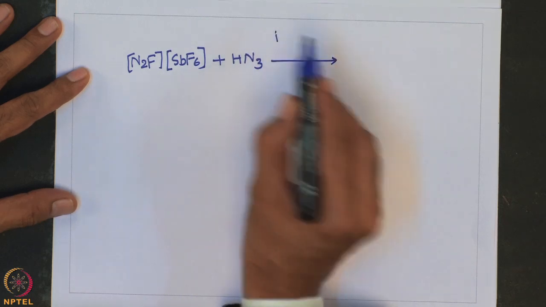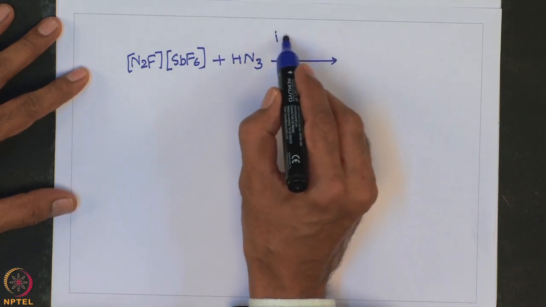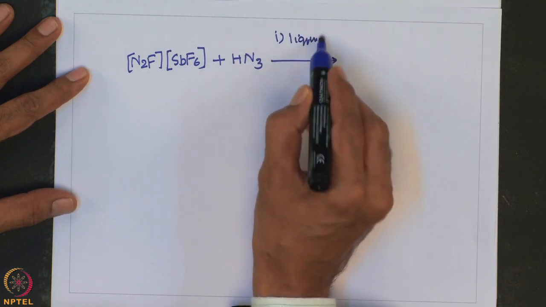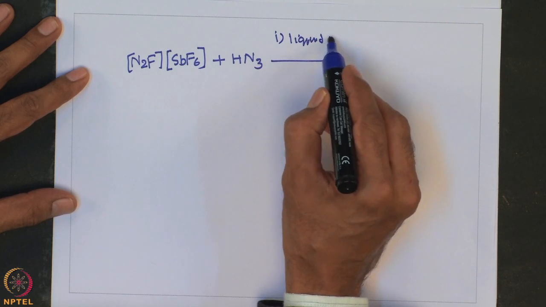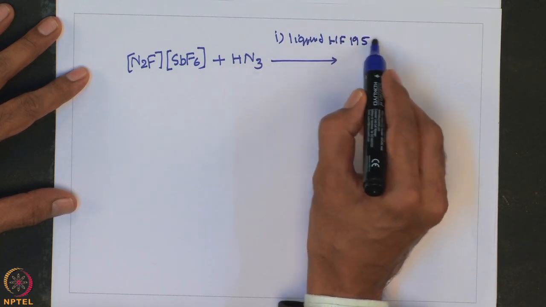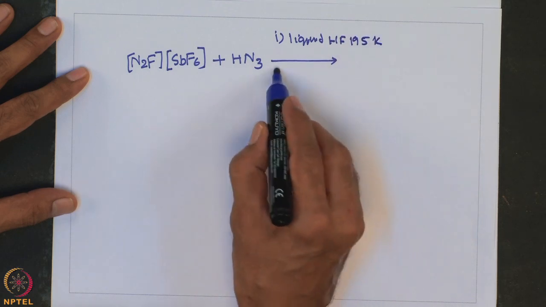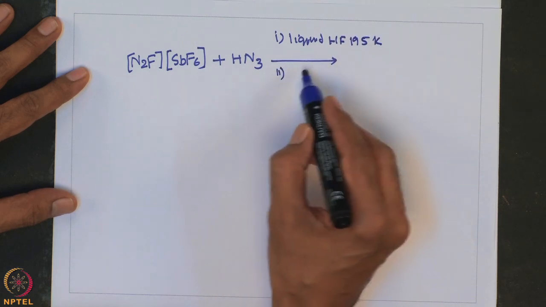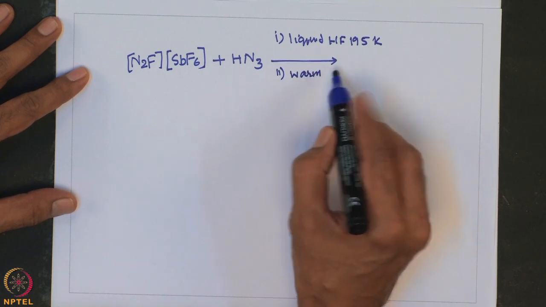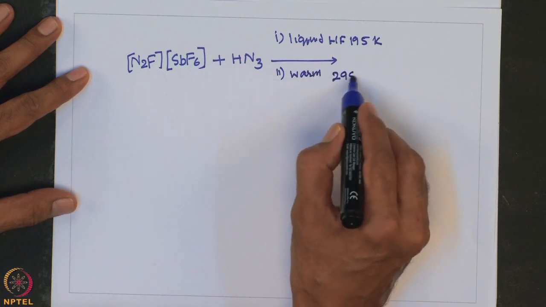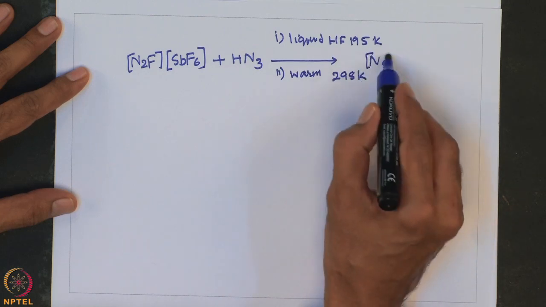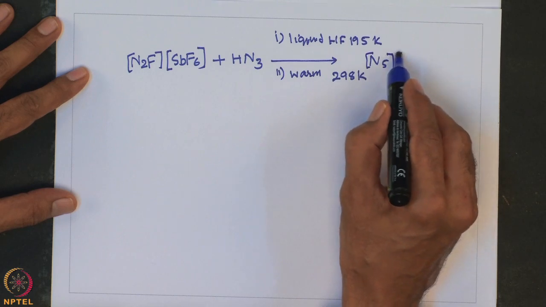It involves two steps: treating with liquid HF at 195 Kelvin and then warming to 298 Kelvin. It gives the pentazole cation.